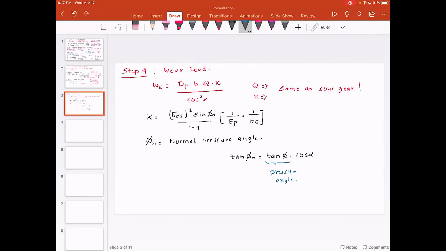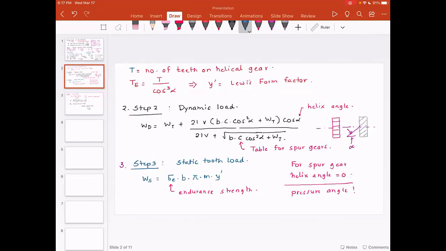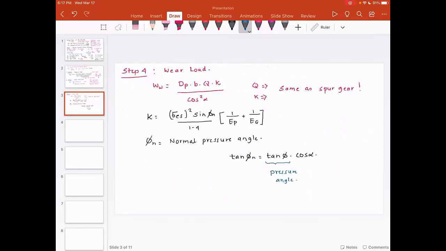So WS, the static load, has to be greater than or equal to WD, and WW should be greater than or equal to WD. What it means is the static strength and the wear strength of the gear are greater than the dynamic load.